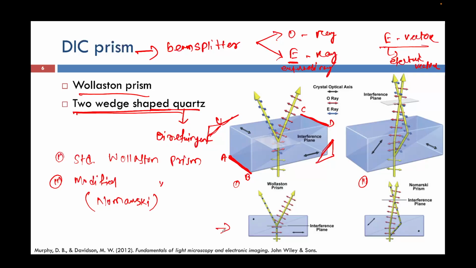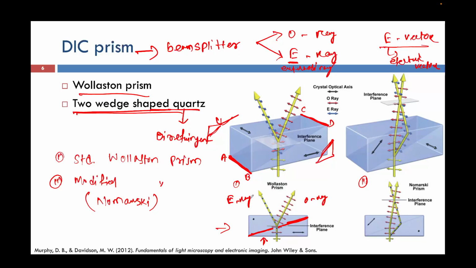In the standard Wollaston prism in the lower image, one beam is going like this, and where both the wedges meet, one goes as the ordinary ray and the other goes in another direction as the extraordinary ray.